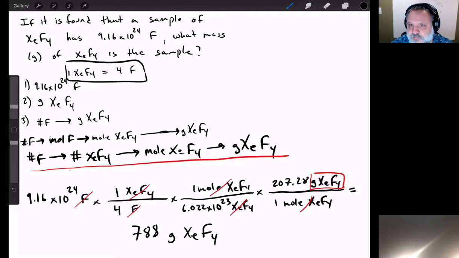And Adi pointed out that in the nomenclature video for polyatomic ions, I went through all of the halogen-based oxo anions. There's the 16.